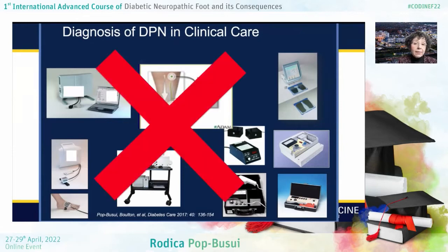They are expensive. They require waiting times for people to be scheduled to have these techniques. And in reality, at least with the data that we have so far, one would not change the way that we would apply standard of care based on any of these techniques.